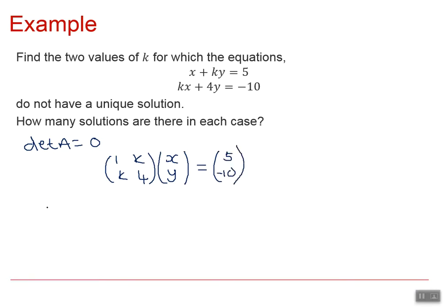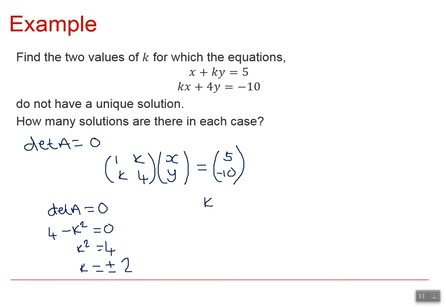So here's our matrix A, and we want the determinant of that to equal 0. So that means that 4 minus k squared equals 0. k squared equals 4, so k can be plus or minus 2.